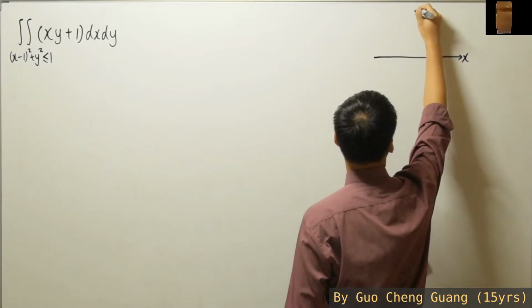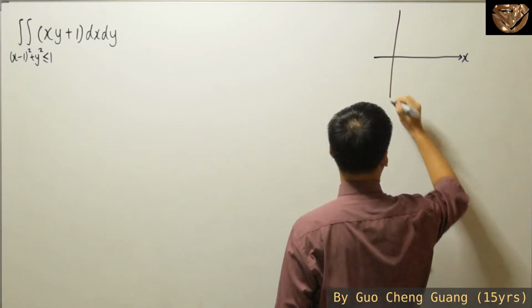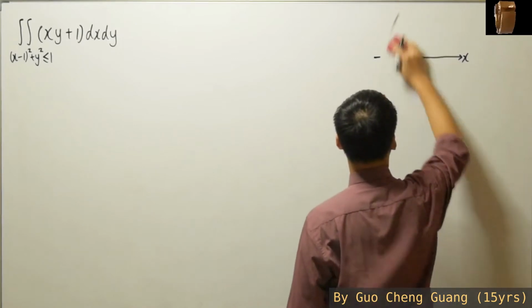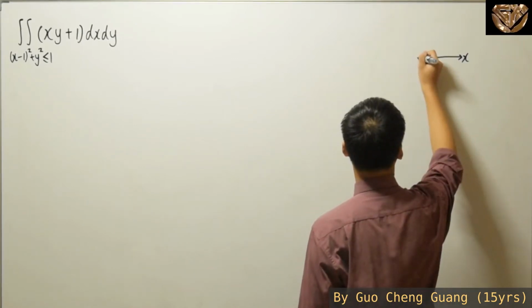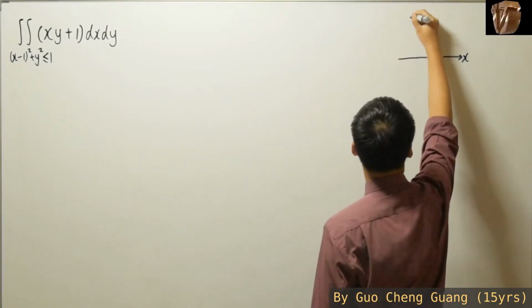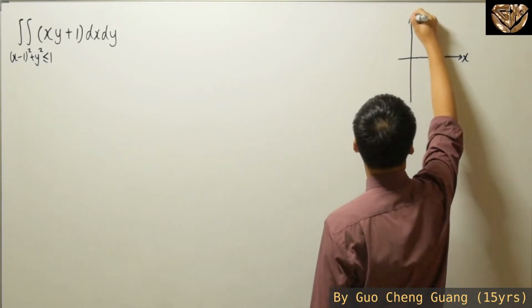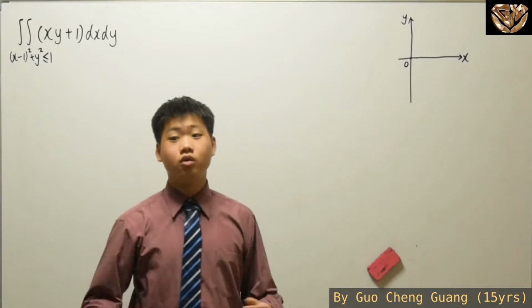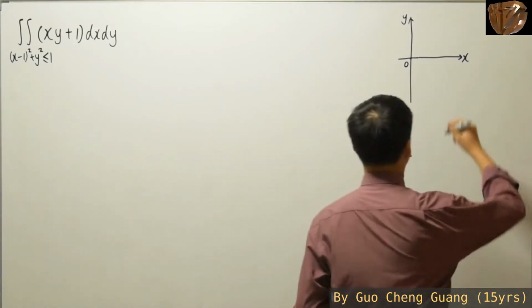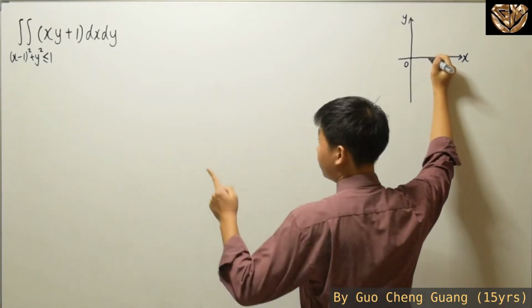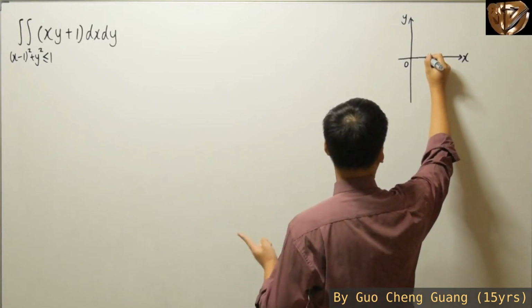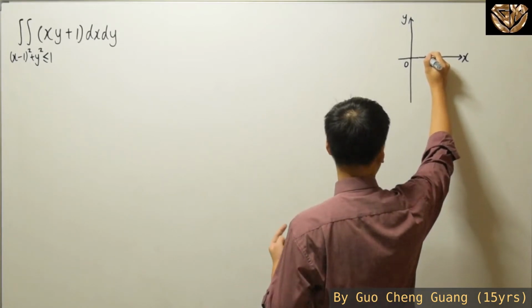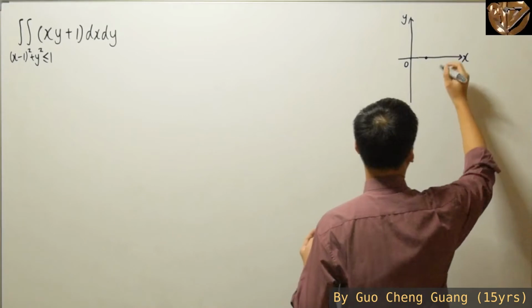Let's say we have the x-axis here, and the y-axis over here. For this circle, since it is x minus 1, its center will be at (1, 0).